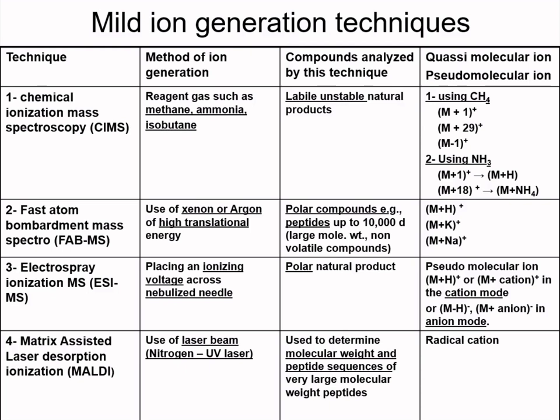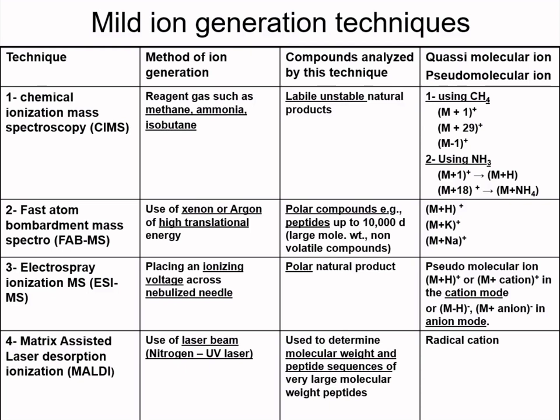This is used for compounds which are labile natural products. We observe here a quasi-molecular ion or pseudo-molecular ion, which is not exactly the molecular ion, but molecular ion plus hydrogen or a cation.